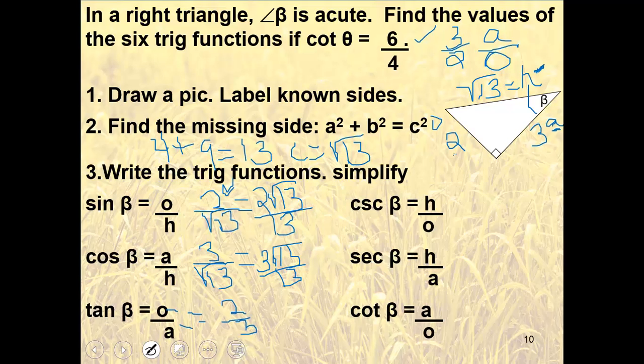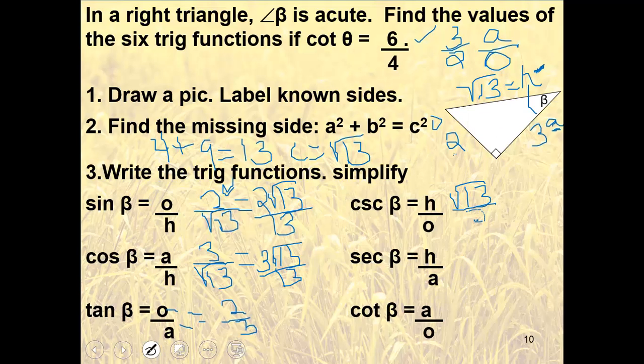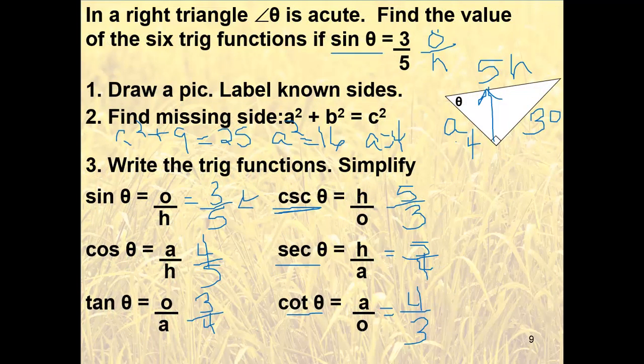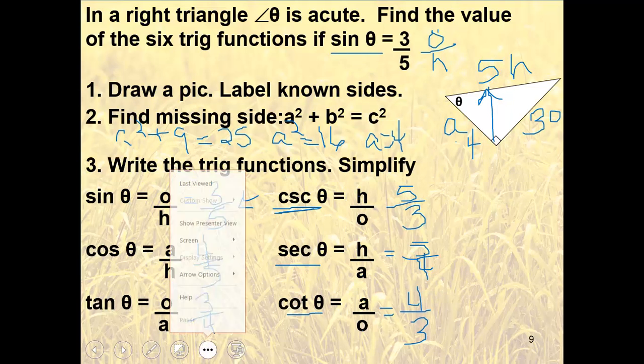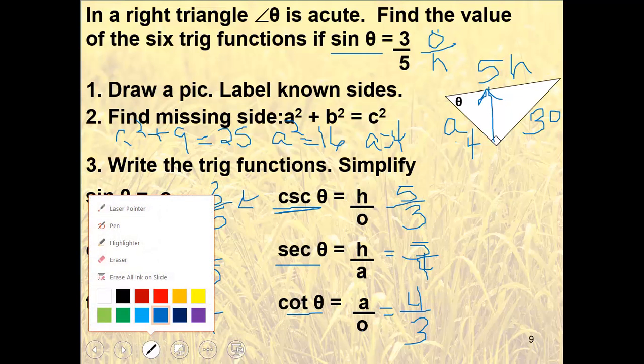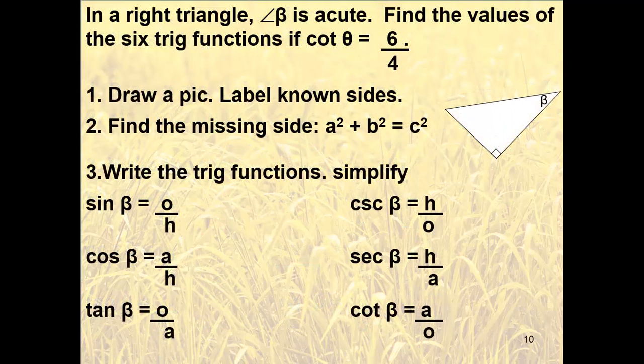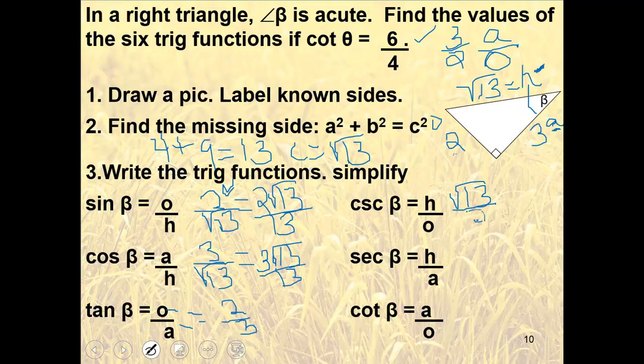Now I'm going to take the reciprocals of all of these so that I make sure I rationalize everything correctly. All right. And I'm going to get the square root of 13 over 2. Right, so I'm going to write a 2 there.